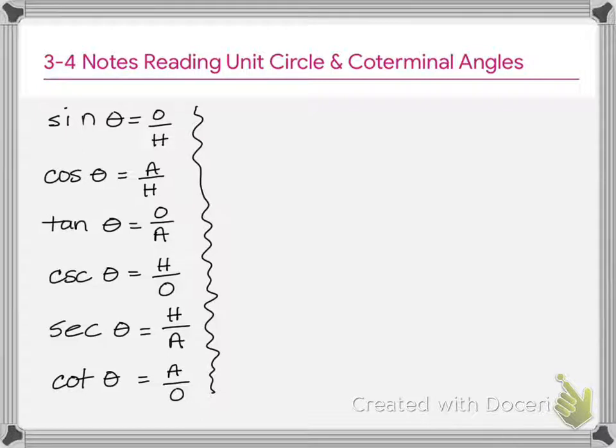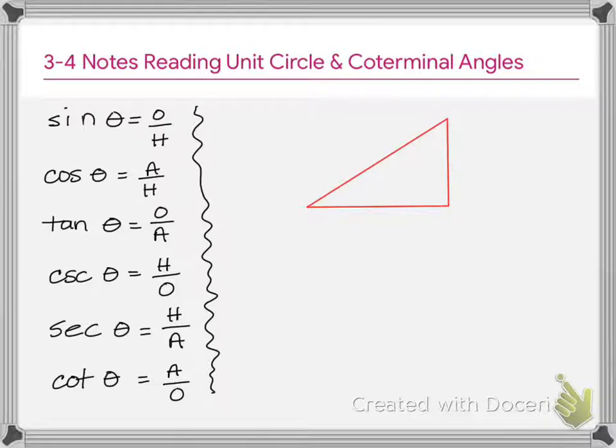So if you recall the construction of the unit circle, we did a lot of embedded triangle drawing to show you how certain coordinates came about on the unit circle. So let's revisit the right triangle for a second.